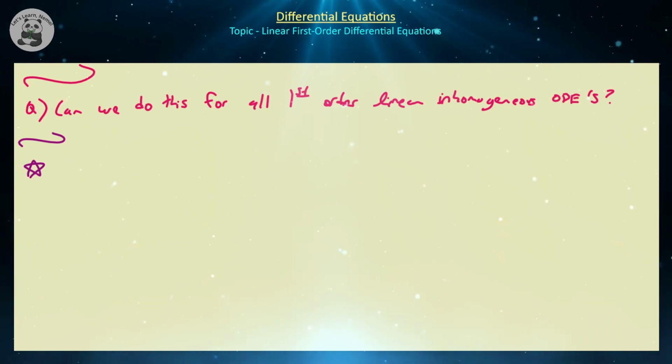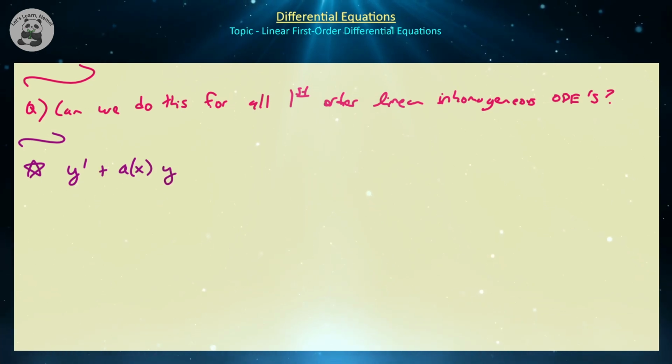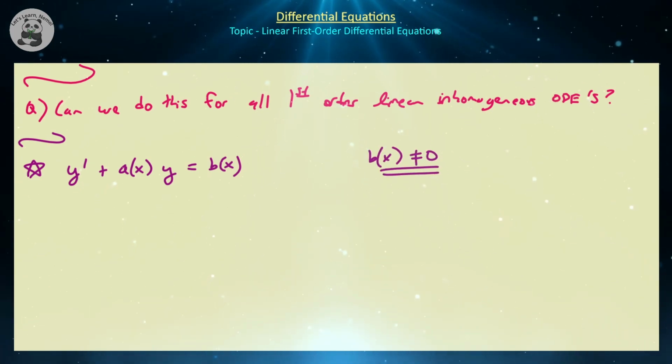So the general form of this equation is going to be y prime plus a(x)y is equal to b(x). And we're going to assume that b(x) is not equal to 0 because we've already considered the equal to 0 case.